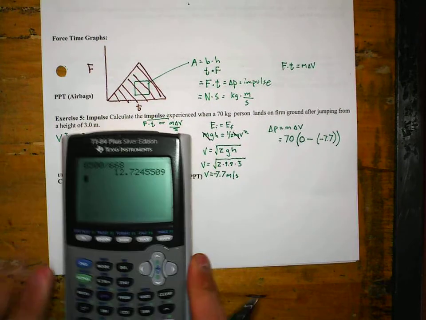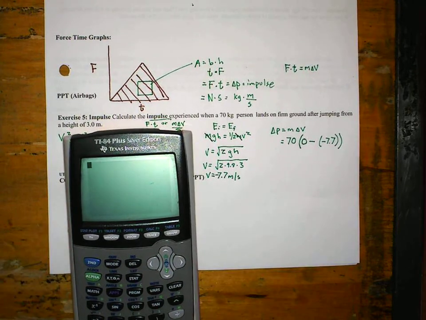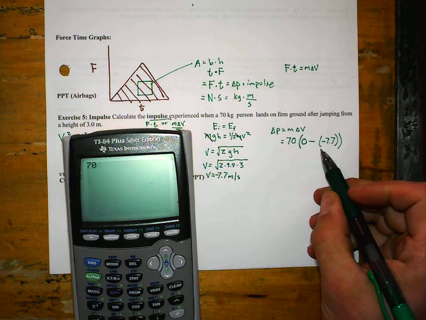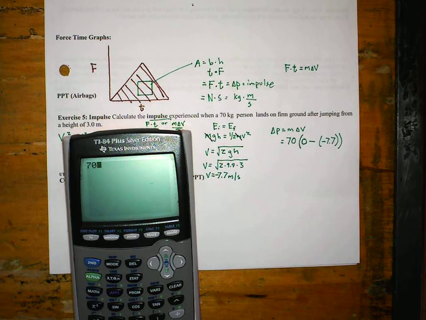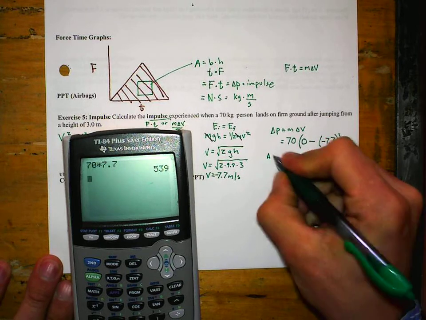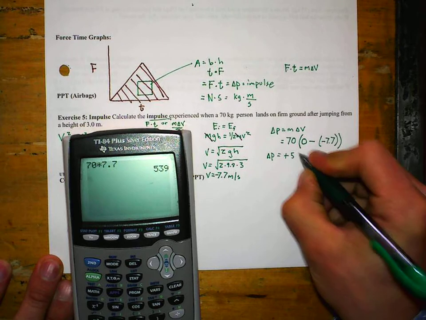So let's plug that in real quick before the bell rings. This is going to come out what sign here? Positive. So really I'm just doing 70 times 7.7 when it comes down to it. And I get positive 539. So my impulse is equal to positive 539.